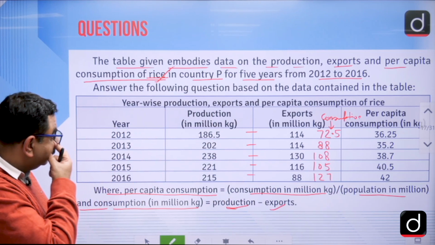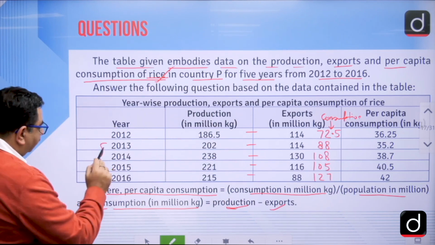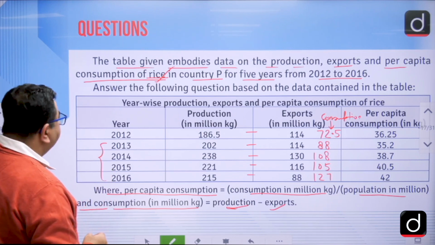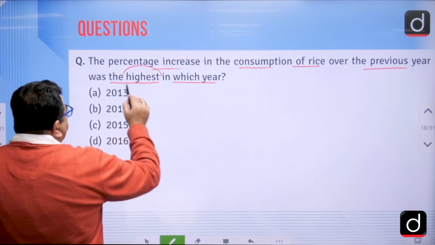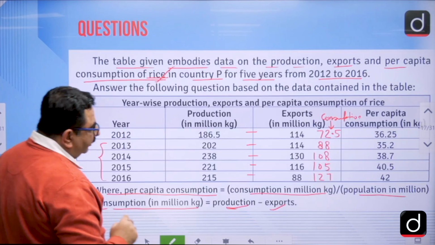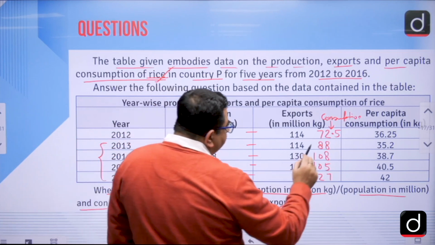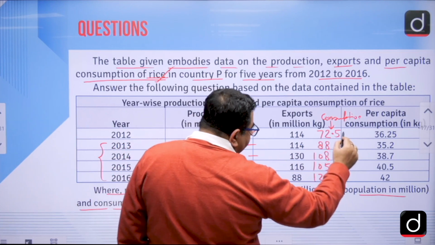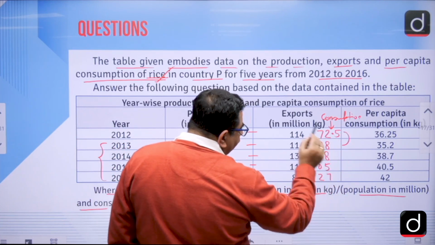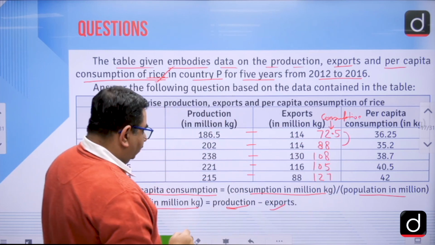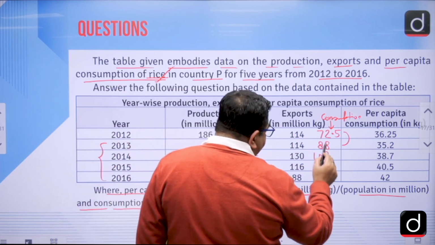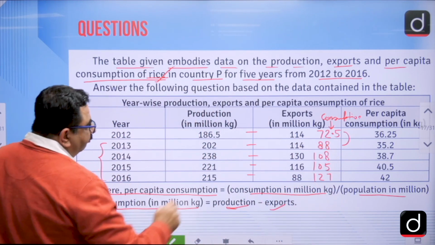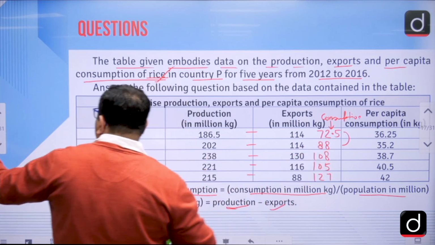Now for these 4 years we have to check where the percentage growth is the highest. Let's check percentage growth from 2012 to 2013. The increase is 88 minus 72.5, that is 15.5 over 72.5.